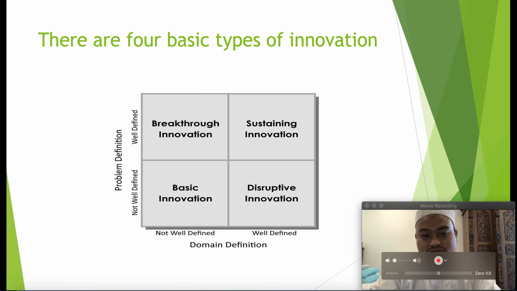So for that, they need to use breakthrough innovation, this method, to find a new way or new technology for a problem human beings have.